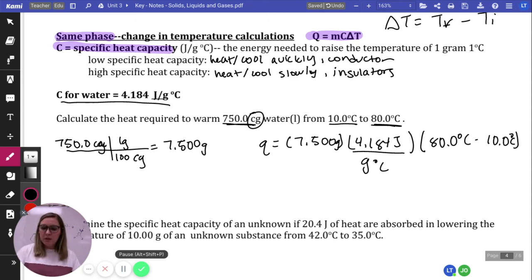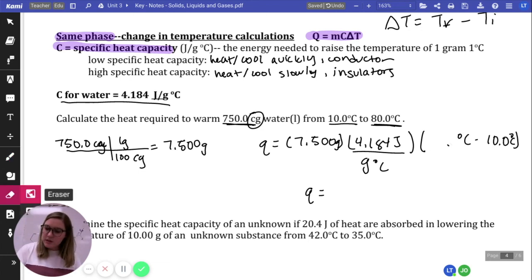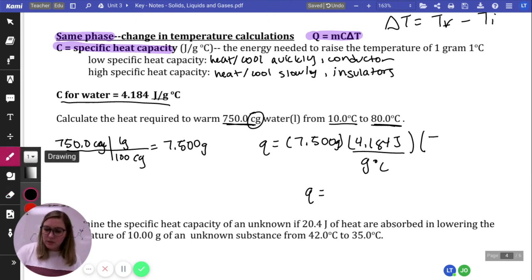So then I can just plug everything into my calculator and get an answer. I'm going to go ahead and change this since I did actually solve it. 80 minus 10 degrees Celsius would give us the actual answer of 70 degrees Celsius. Okay, so after you've plugged it in, I got a pretty big number.